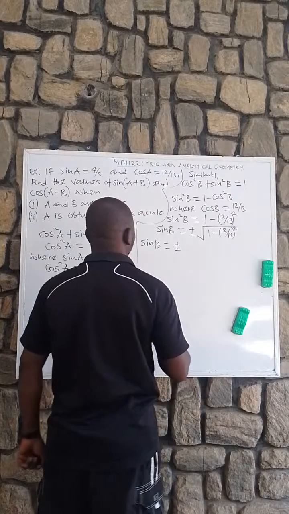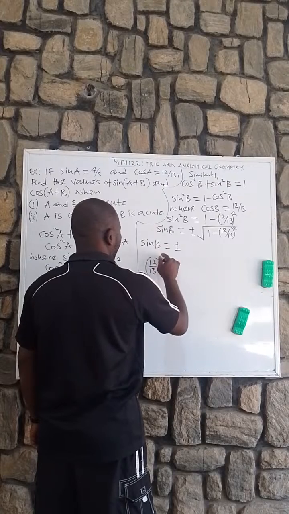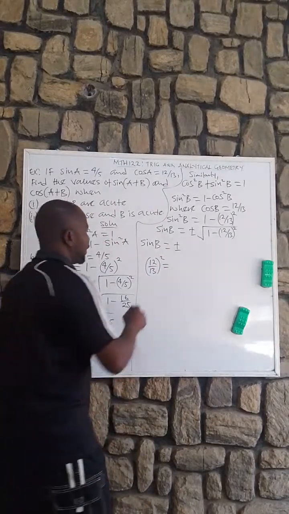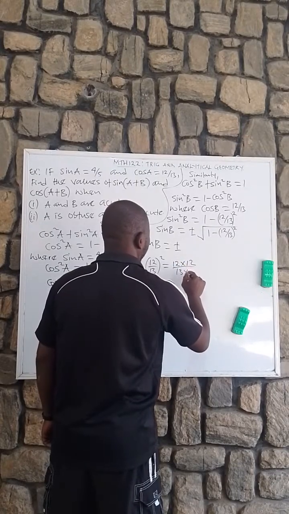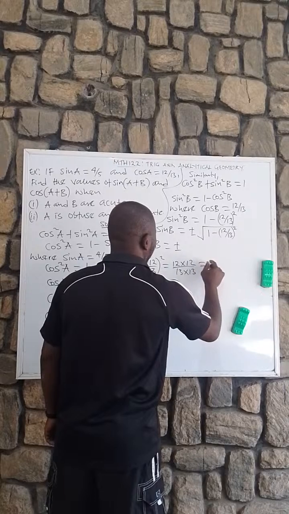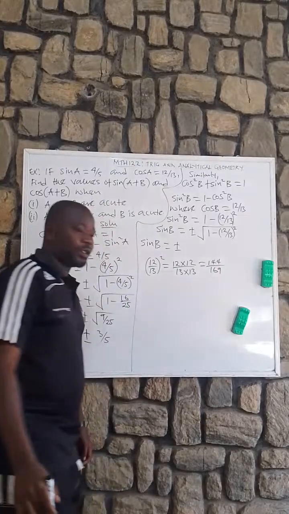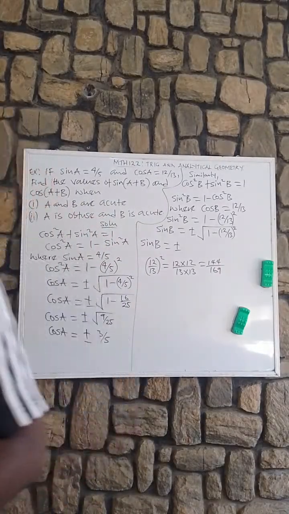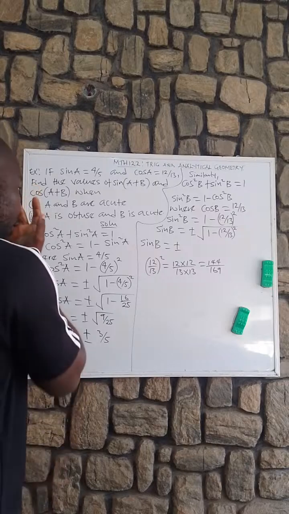I told you earlier that when we have 12 all over 13 all squared, this is the same thing as 12 times 12 all over 13 times 13. This is 144 all over 169. True or false? It's true, right? Okay. So far, so good.